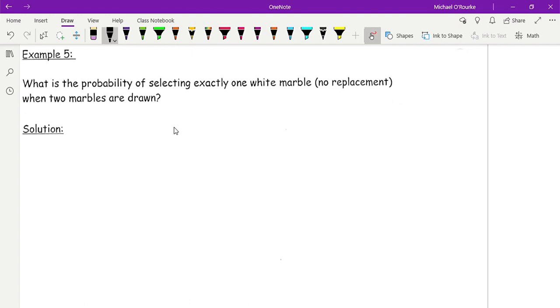So how could we select 1 white marble? There's 2 ways we could do it. What could be our selection pattern to select 1 white marble? We could select red and white, correct? Or we could select white and red.